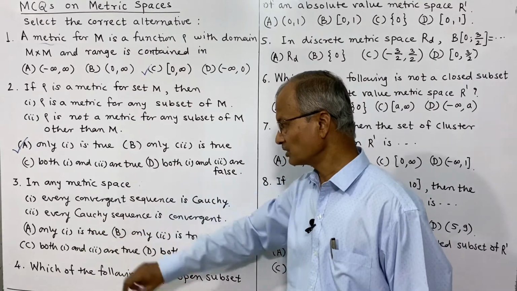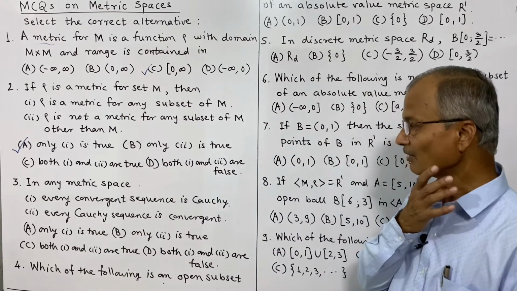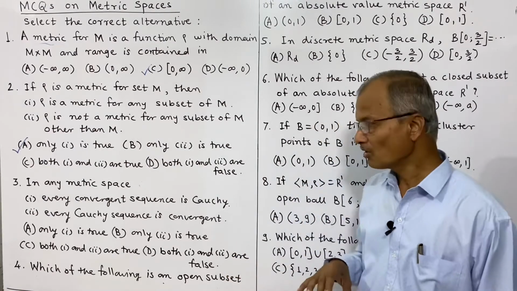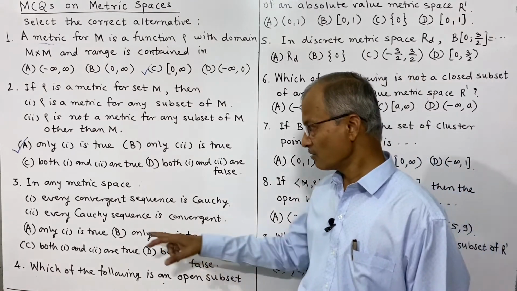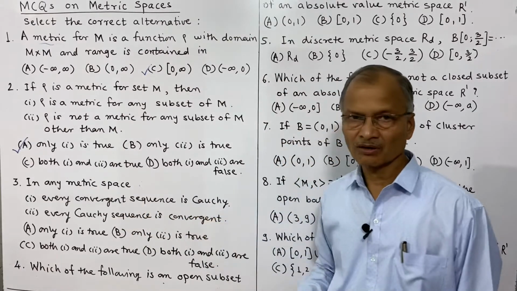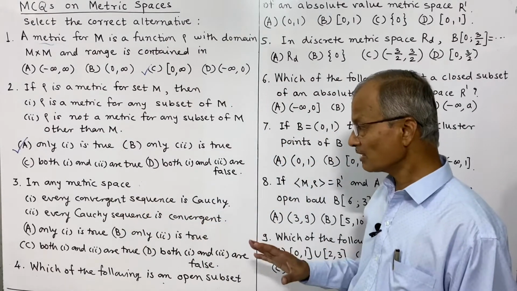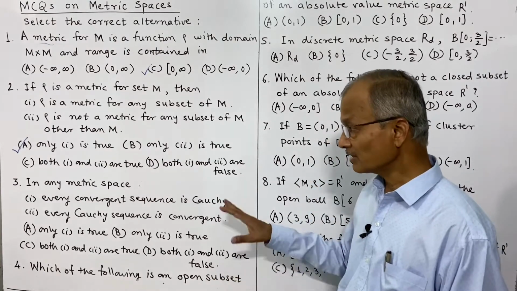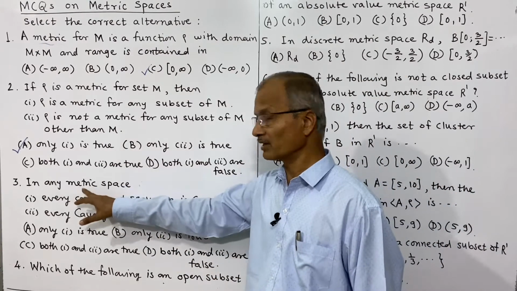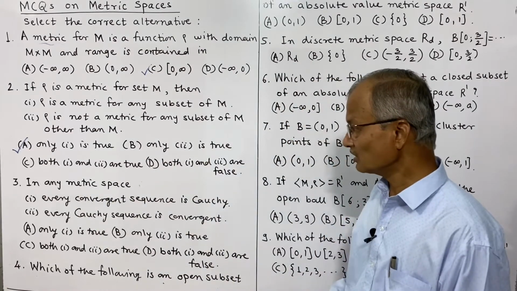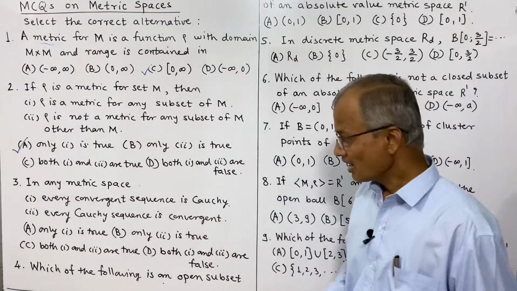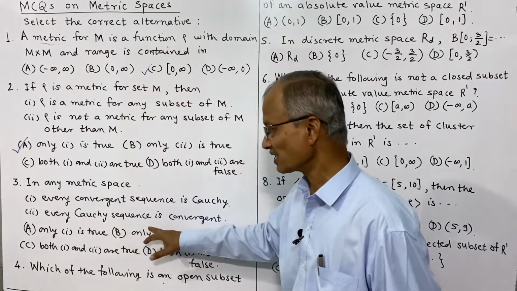Now there are the results or theorems we have proved, that every convergent sequence is Cauchy. For real numbers, every Cauchy sequence is also convergent, but it is not true in every metric space. So the first statement is true, every convergent sequence is Cauchy, but the second is not necessarily true.